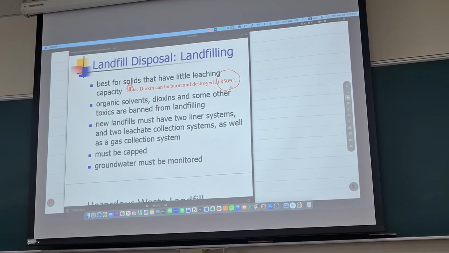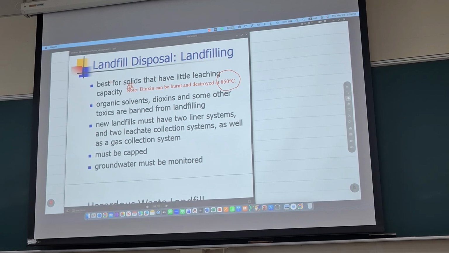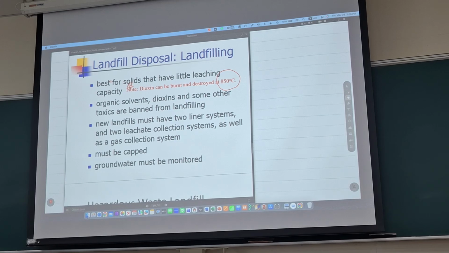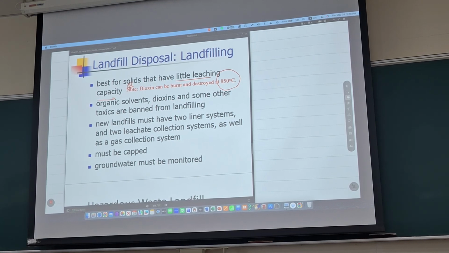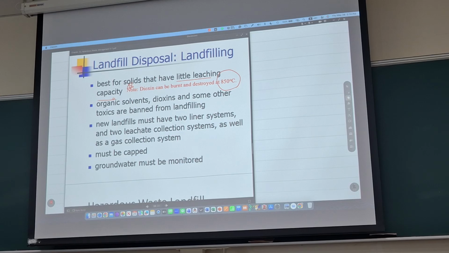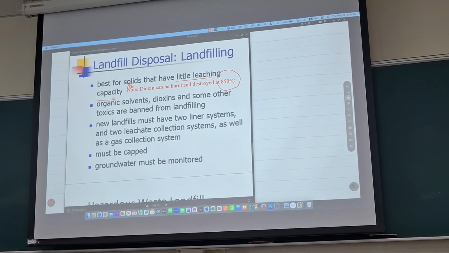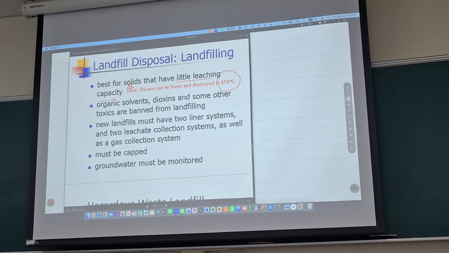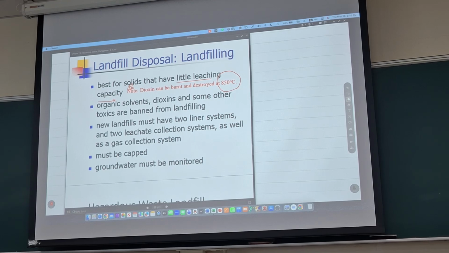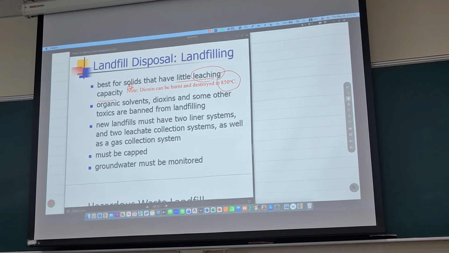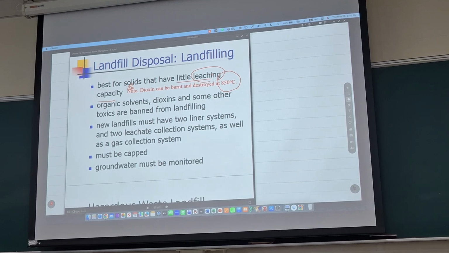As I mentioned in the PowerPoint slide, the best is solid waste that has little leaching, meaning it does not easily leach. I tested this in our assignment, right? What is leaching?